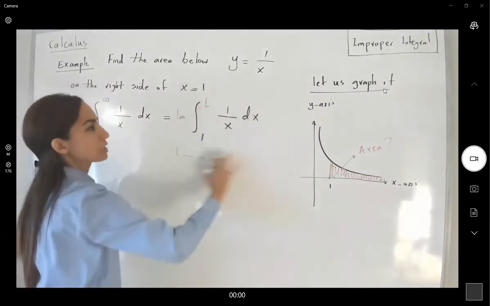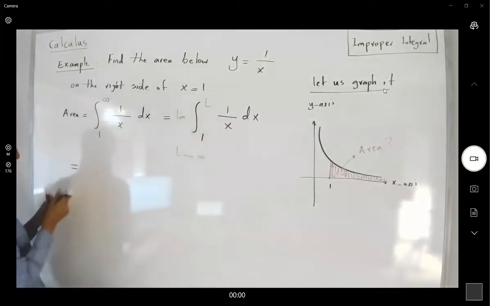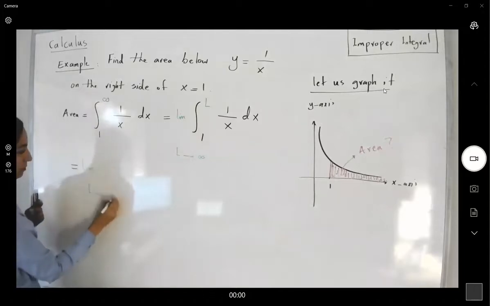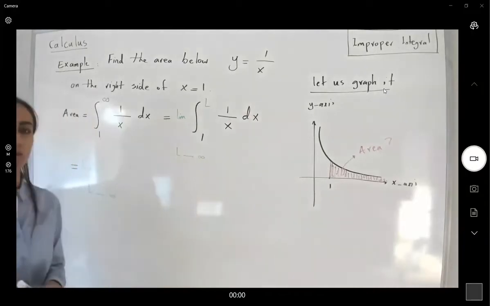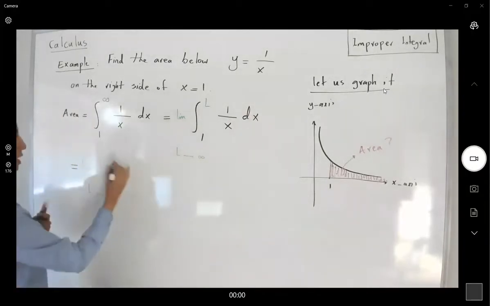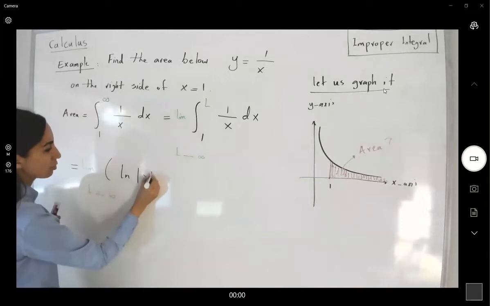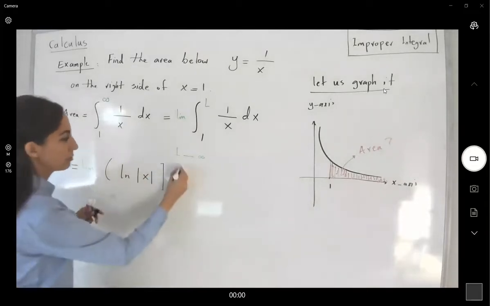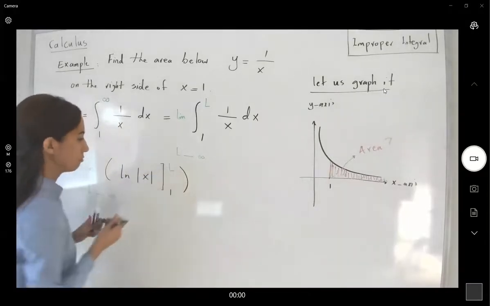We already know how to calculate this definite integral. Here you have your limit. Let us copy down the limit as L goes to infinity. This is the integral of 1 over x, which is ln. So we have ln of the absolute value of x, and x ranges between 1 and L. Very well, okay.